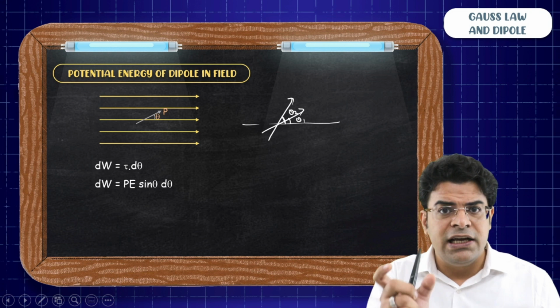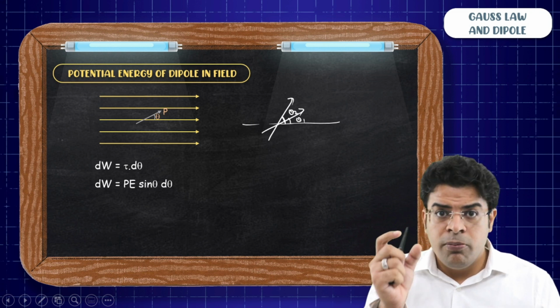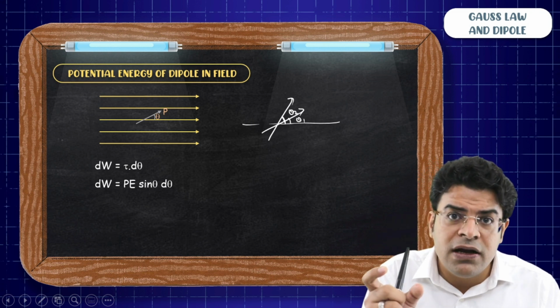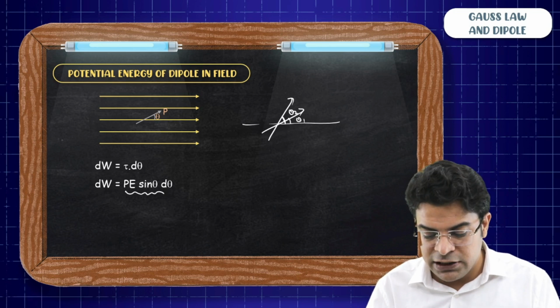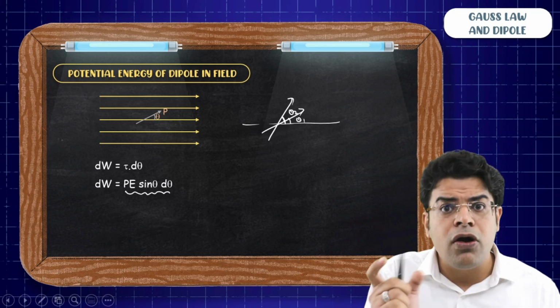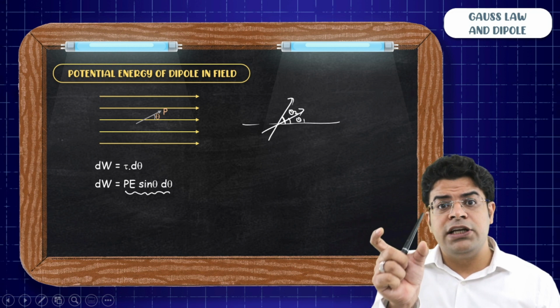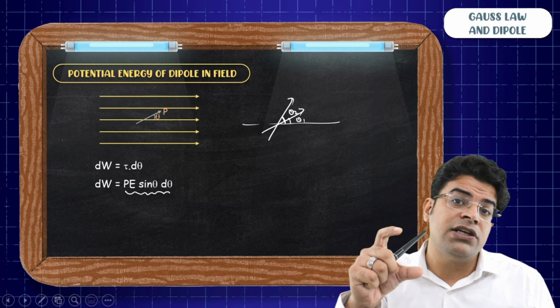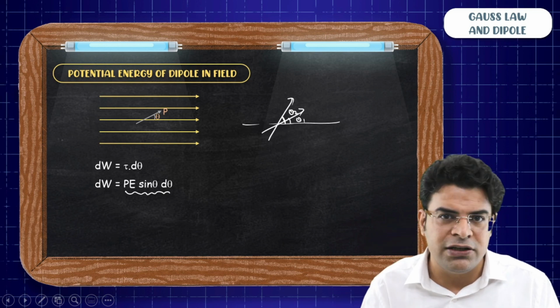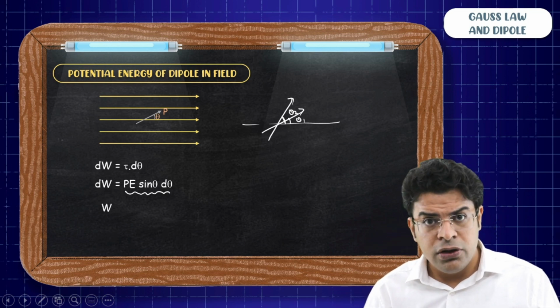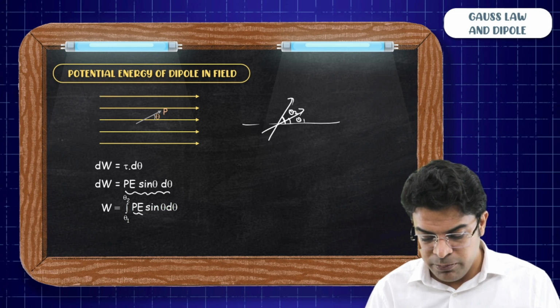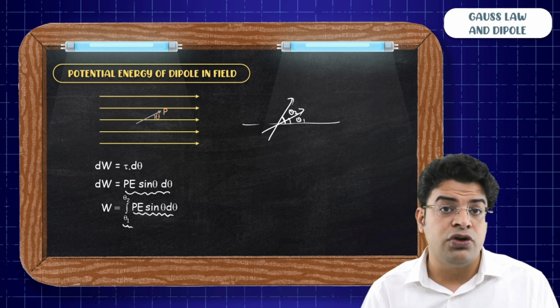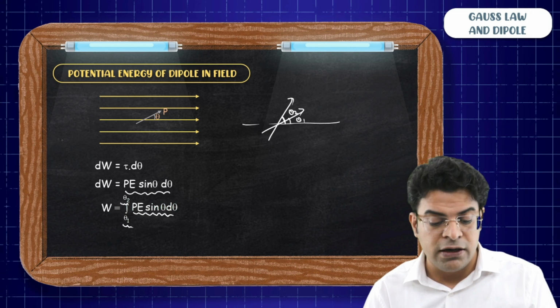So the infinitely small work done by turning an infinitely small angle d theta is PE sine theta d theta. To find the overall work done to rotate from the orientation where the dipole moment vector makes angle theta 1 to the orientation where it makes angle theta 2, we will have to integrate. So the work done equals the integral of PE sine theta d theta from theta 1 to theta 2.